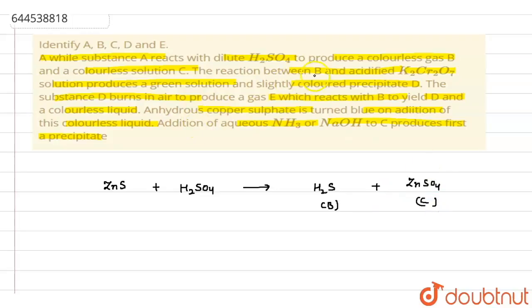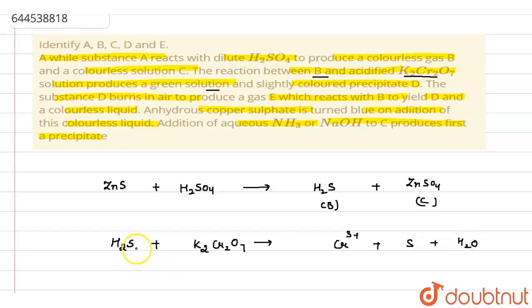Next, the reaction between B, that means H2S, and acidified potassium dichromate K2Cr2O7 produces a green solution and a slightly colored precipitate D, Cr3+, S, plus water.